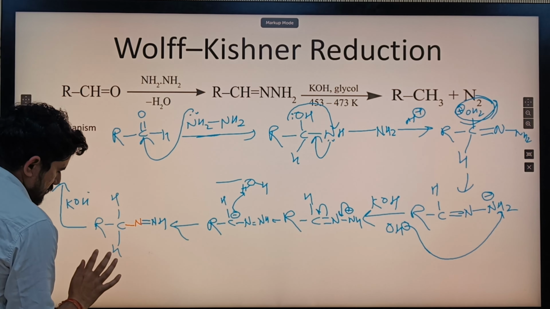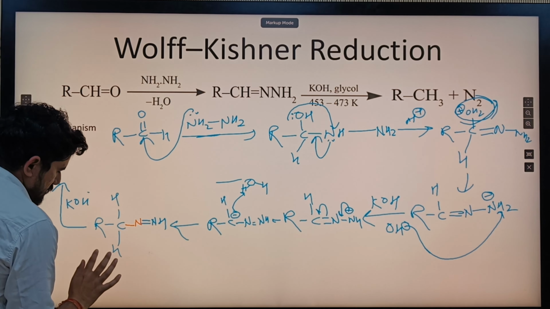If OH negative acted as a nucleophile, it would attack the carbonyl group, and the reaction would not take place further. So OH negative has to act as a base, and the enolate will form in the reaction. So this is the enolate.